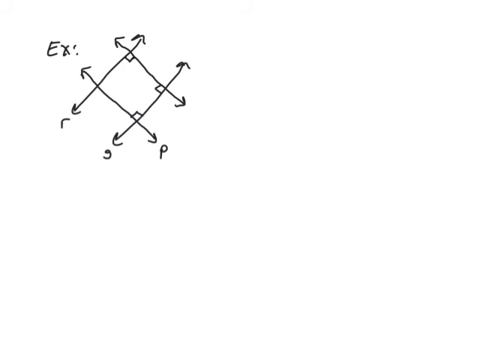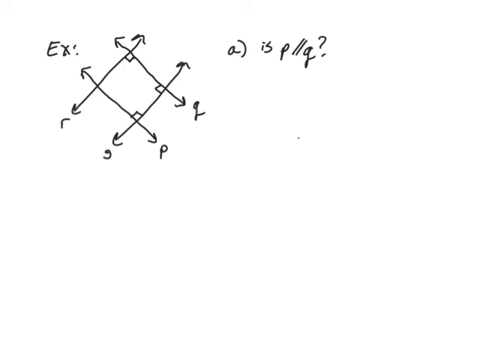Okay, so we're going to work a typical example of what you're going to have to do in your homework. I'm given four lines, R, S, P, and this is Q. And you see that there are 3 right angle symbols in there. So my first question is, is P parallel to Q?